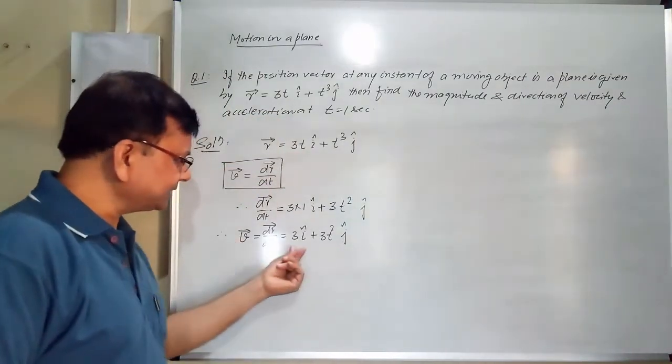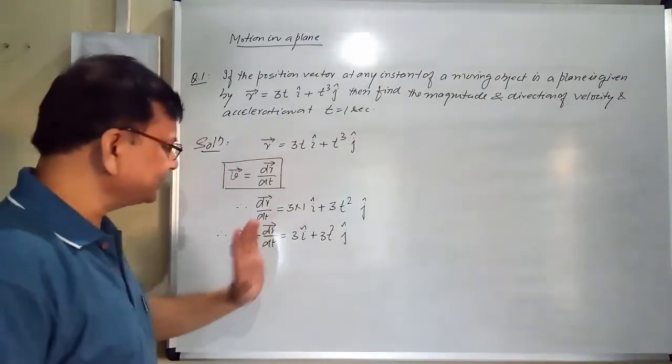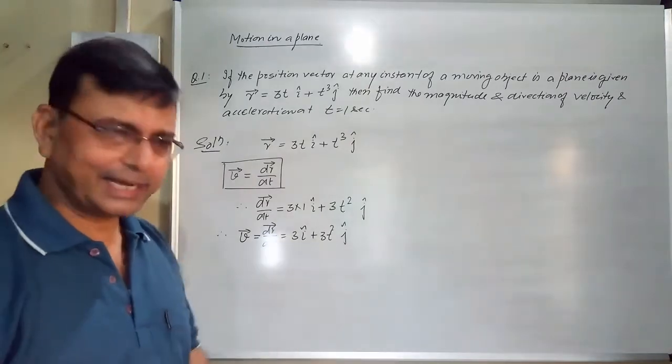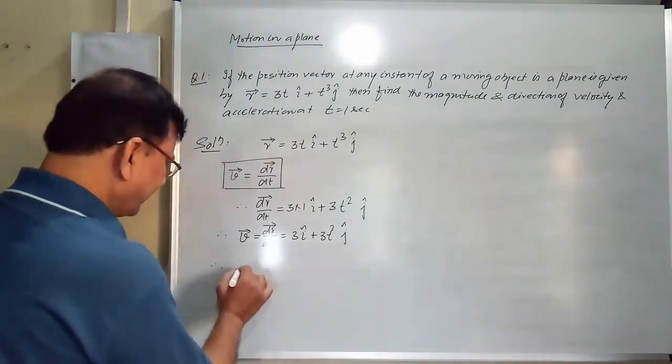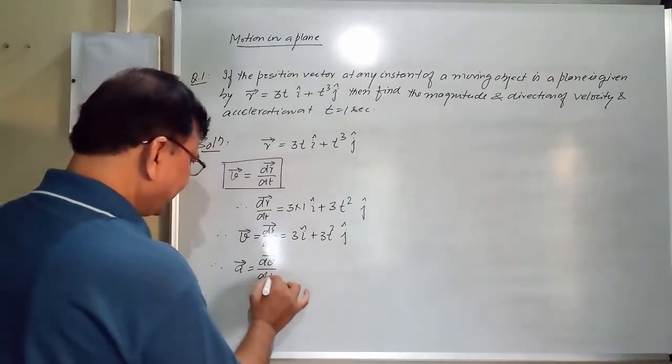Velocity is known, that is 3i plus 3t square j. Again velocity is in terms of time. So if we differentiate it once again, we will get the acceleration. Therefore acceleration is equal to dv upon dt.